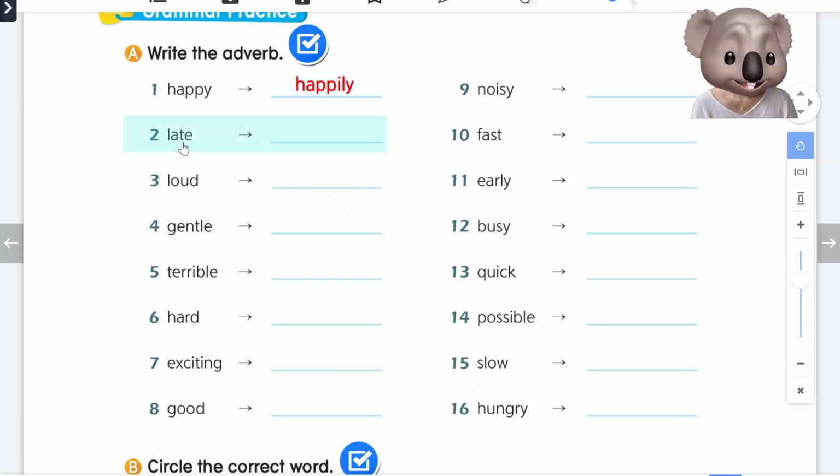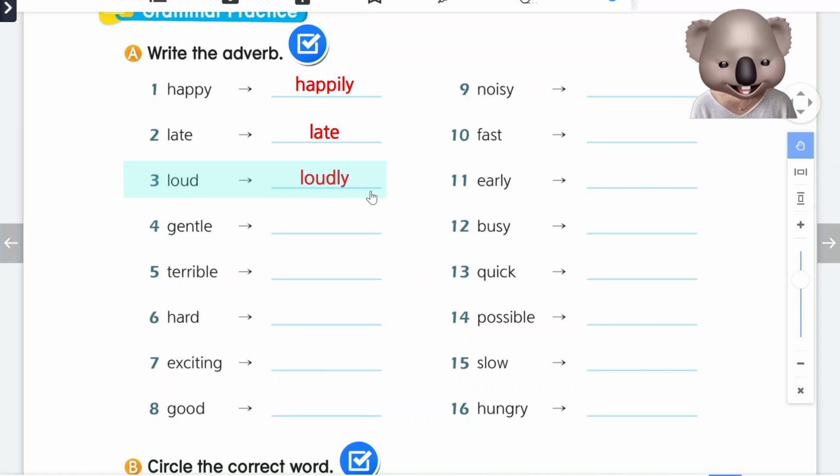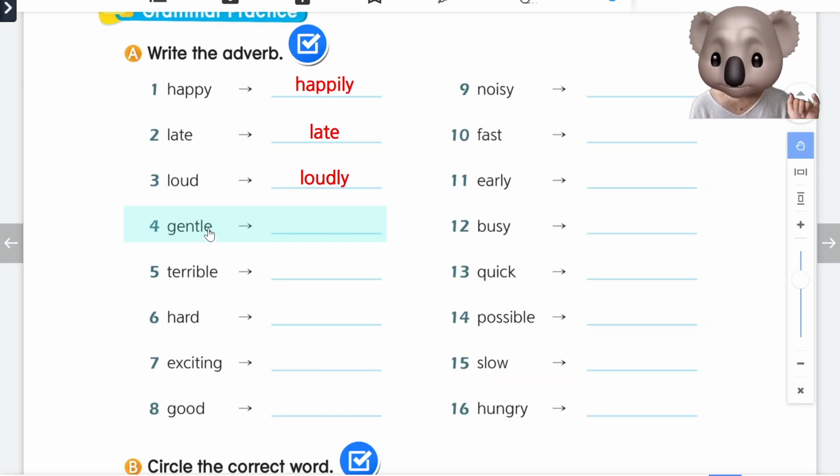Number 2, late. 명사로는 늦은, adverb로는 늦게. This one is special because it stays the same. Number 3, loud. Ooh, we need to add ly, loudly. Number 4, gentle. 이가 있어서 이를 빠이빠이 하고 we need to add ly, gently.